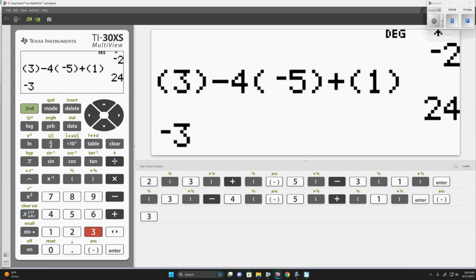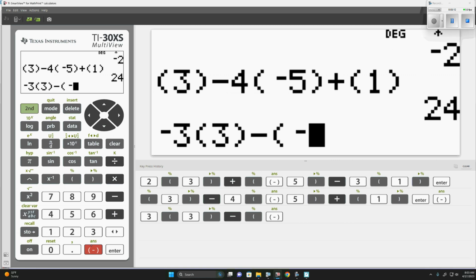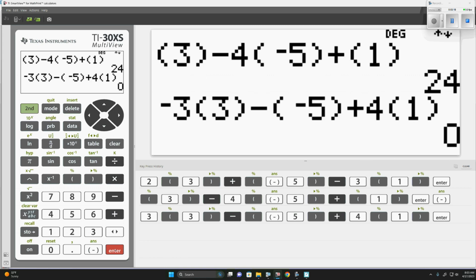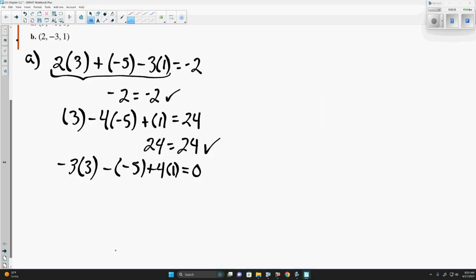We can say negative 3 times 3 minus negative 5 plus 4 times 1 is 0. And since the point 3, negative 5, 1 worked for all three equations, yes, it is a solution. It is a solution to the system.